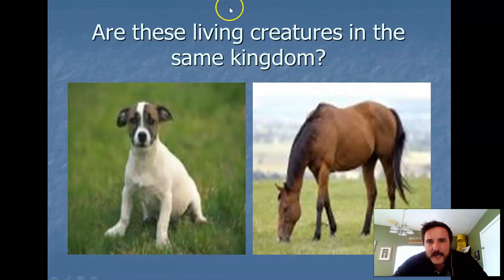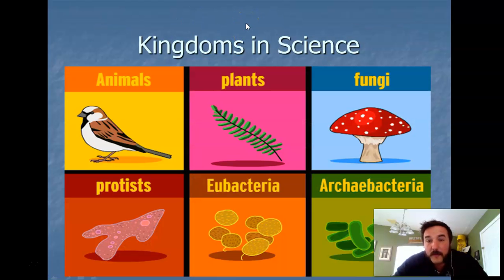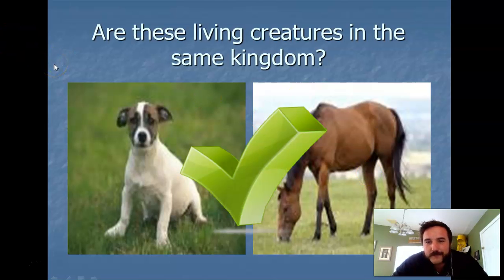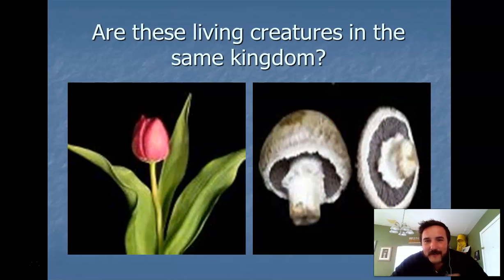Now, if you're a scientist and you got to figure out what kingdom, and remember there's 6 different kingdoms, you know that a puppy dog is very, very different from a big horse. But they're still in the same kingdom because both are animals, right? Now here again, these are 2 living things, but this is a fungi, and this here is a plant, a rose, right?